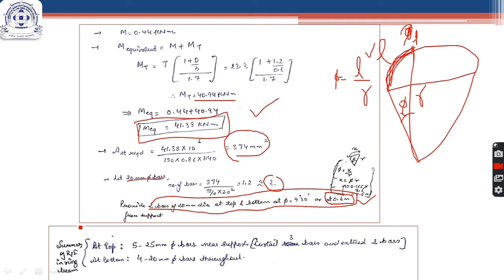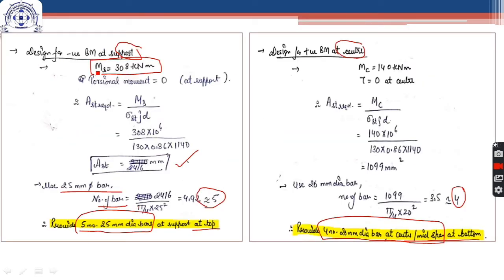Okay, so we combine all these to get the reinforcement at top to be 5 number 25 mm dia bars near supports. And as you know, at top, if I go back, this reinforcement is provided at top near the support only.